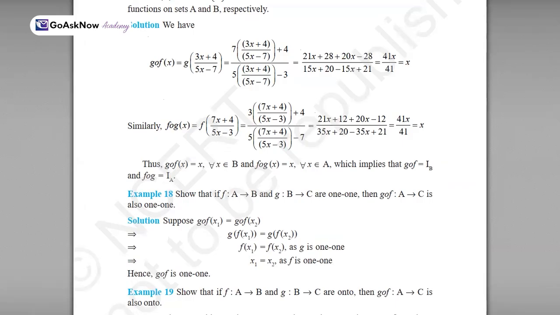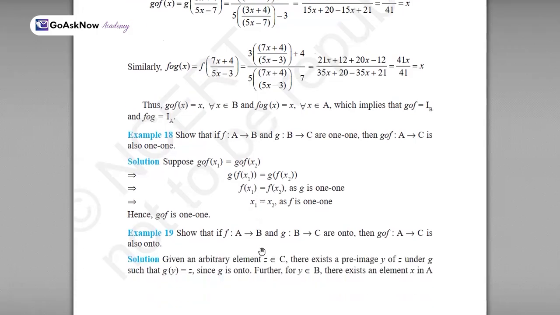So it is a simple one. Because suppose you have g∘f(x1) equal to g∘f(x2), then g of f(x1) is equal to g of f(x2). This implies that f(x1) is equal to f(x2) as g is 1-1. So this implies that x1 is equal to x2 as f is 1-1, and g∘f is 1-1. Okay, so it is a simple problem.